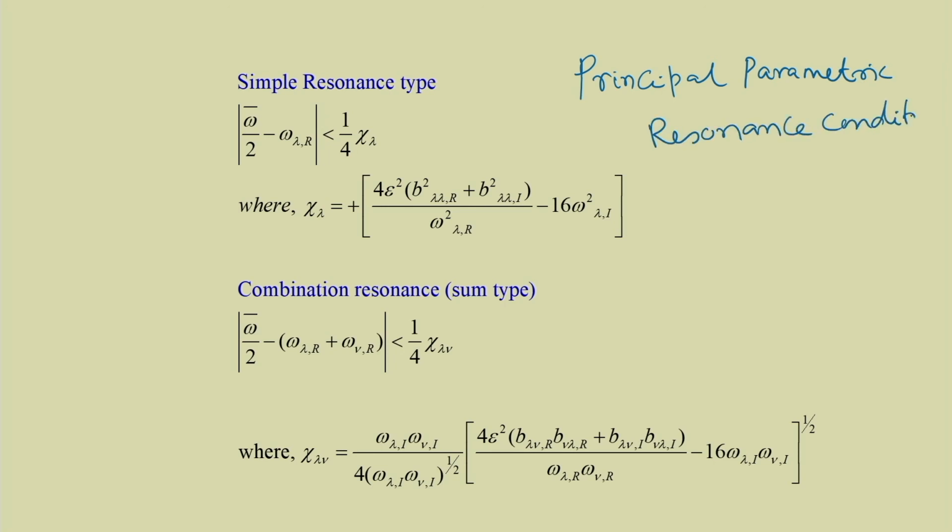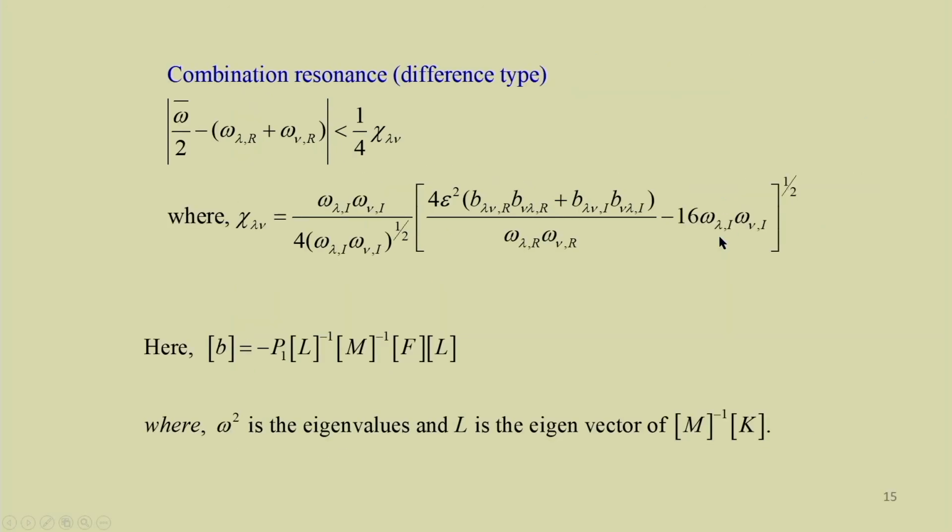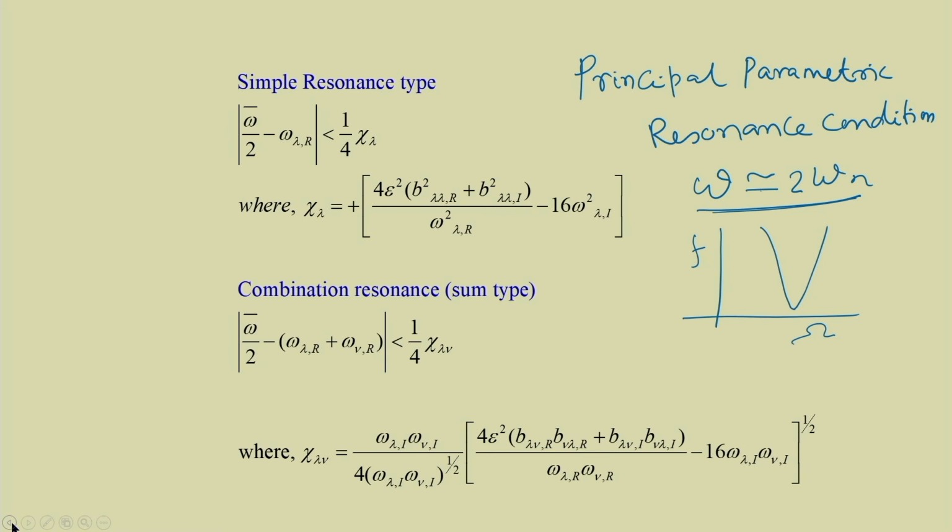In the case of principal parametric resonance, the external frequency is nearly equal to twice the natural frequency of the system, and we can obtain the instability region near 2 omega n. Here it can be the frequency and here it can be the forcing parameter f, clear. By plotting this one can find the instability region. To find this transition curve or instability region, you can use this equation. What is this equation?